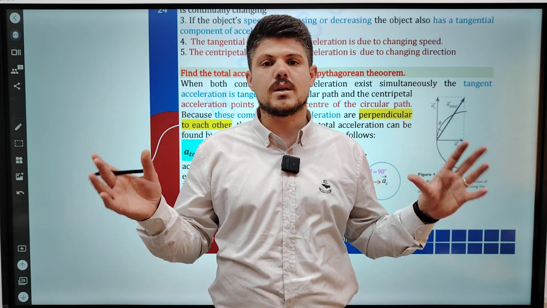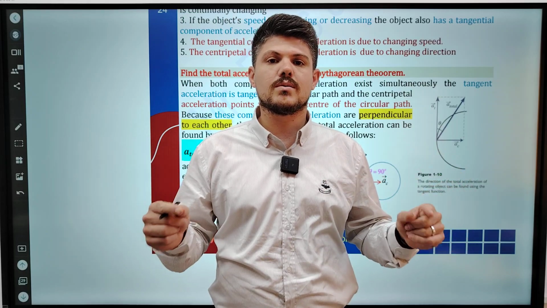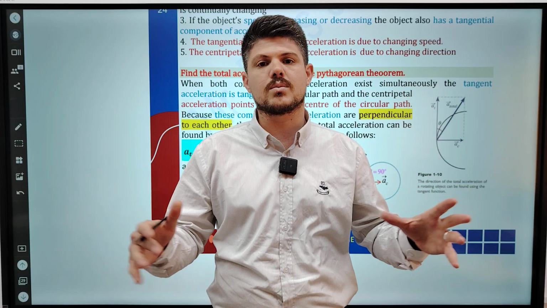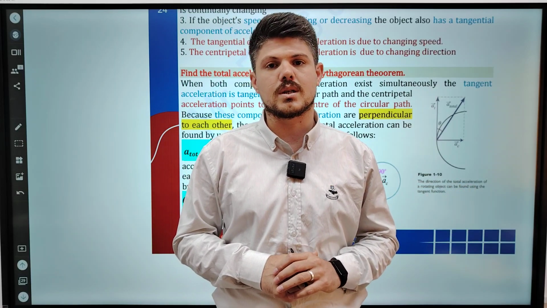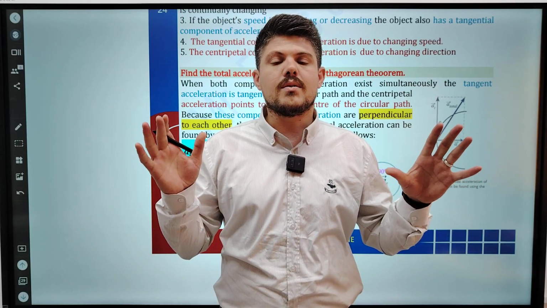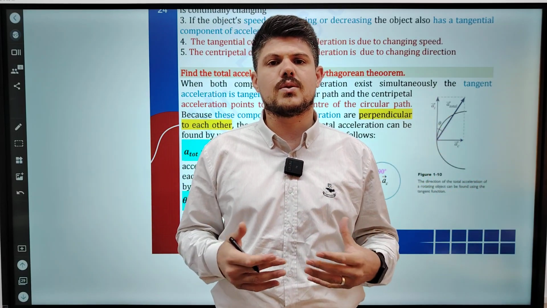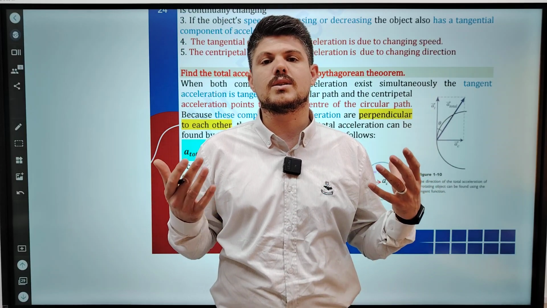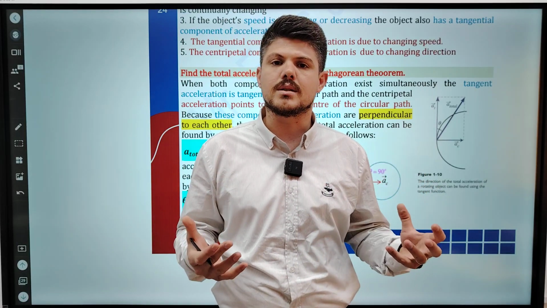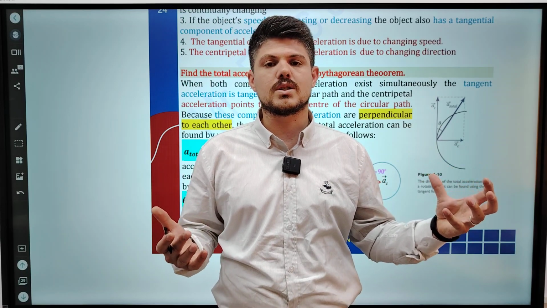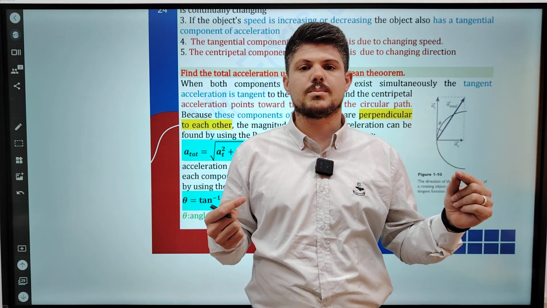In a circular path, because the direction of the velocity continuously changes, every circular motion has centripetal acceleration, but not every circular motion necessarily has tangential acceleration. It depends. When the speed is constant, the object has no tangential acceleration, only centripetal acceleration.